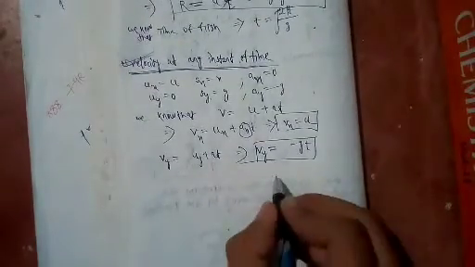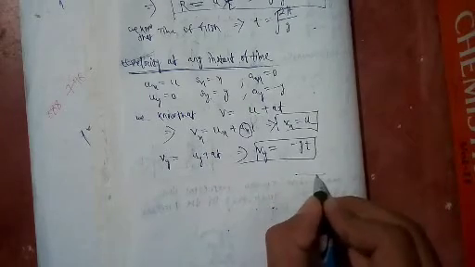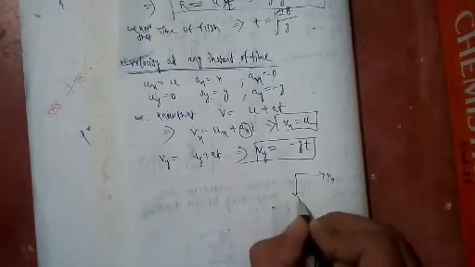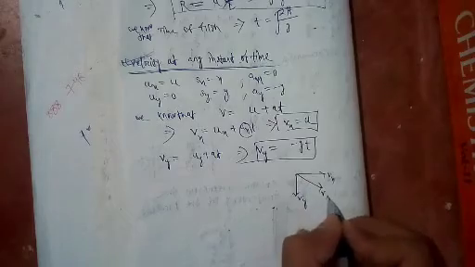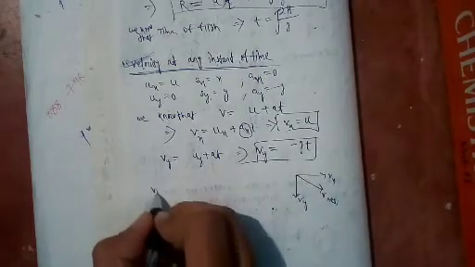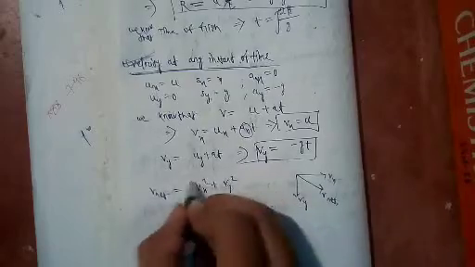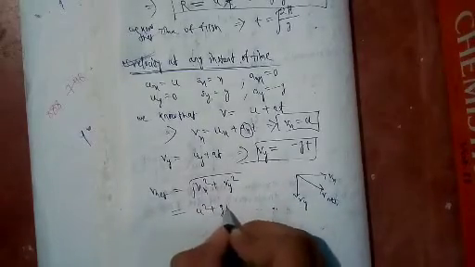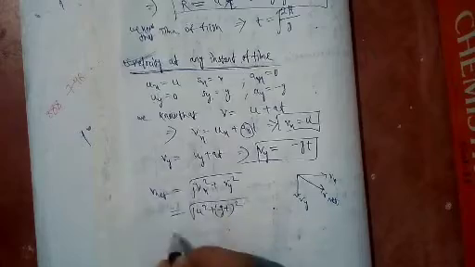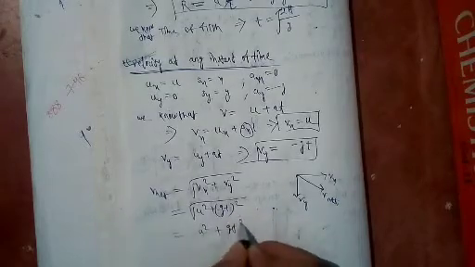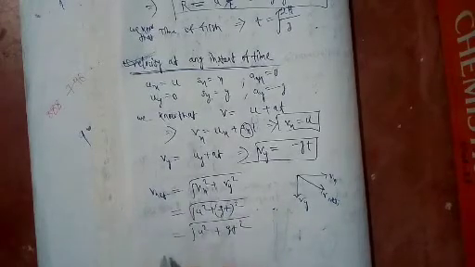This is vx, this is vy, then v net is equal to root over vx square plus vy square, that is root over u square plus minus gt whole square, that is equal to root over u square plus gt square.